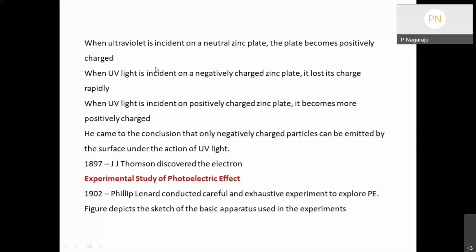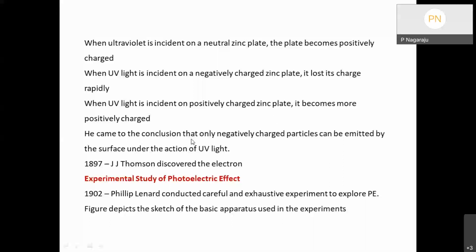The gist of that experiment is like this. When ultraviolet light is incident on a neutral zinc plate, the plate becomes positively charged because the electrons are emitted from it. When ultraviolet light is incident on a negatively charged plate, it loses its charge rapidly. When UV, meaning ultraviolet light, is incident on a positively charged zinc plate, it becomes more positively charged.